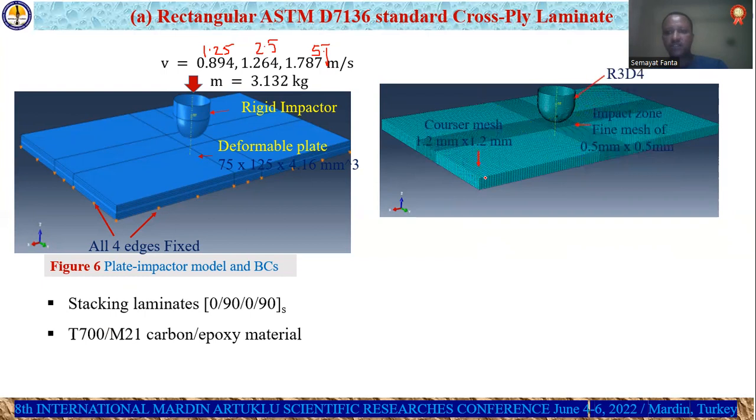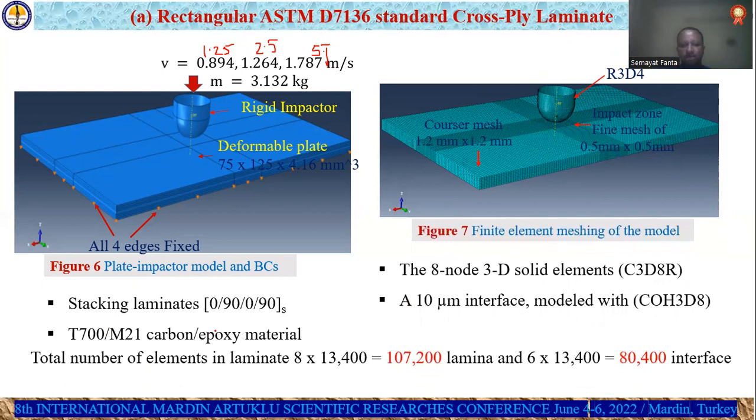And an R3D4 rigid element impactor is considered. And the 8-node 3D solid element, or C3D8R element, is taken for the laminate, and the 10 micrometer interface is modeled with the cohesive COH3D8 element selection.